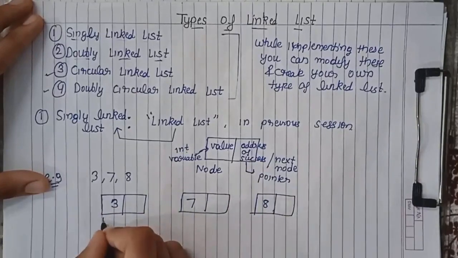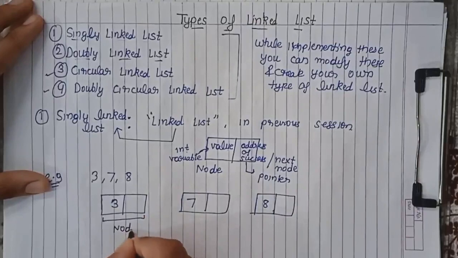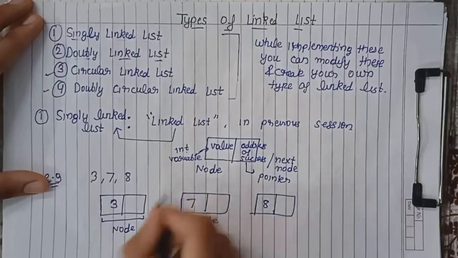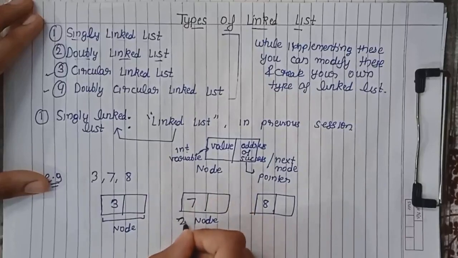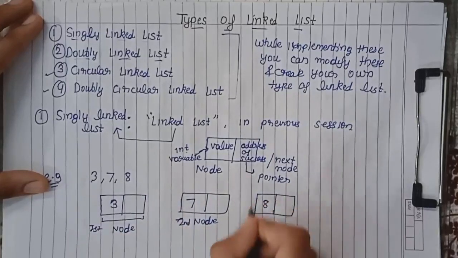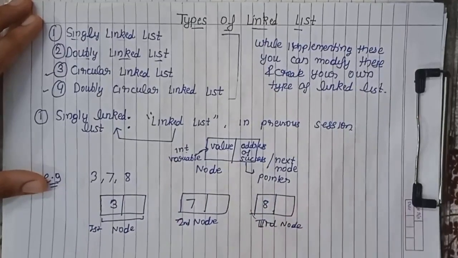We know that this complete box is the first node, this complete one is the second node, and this complete one is the third node.